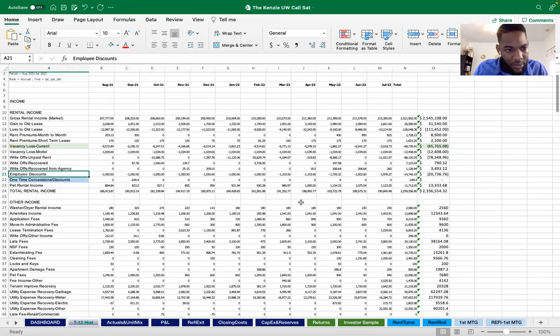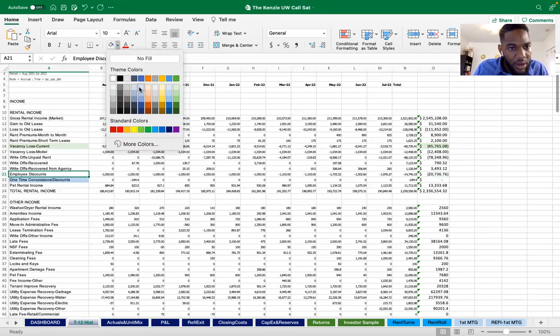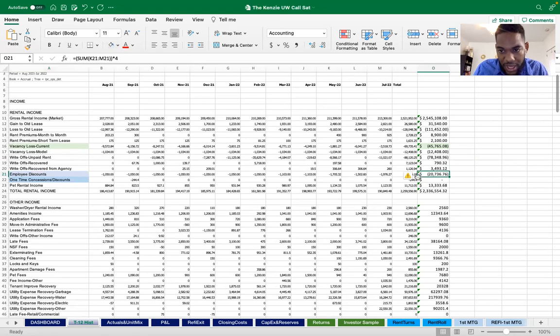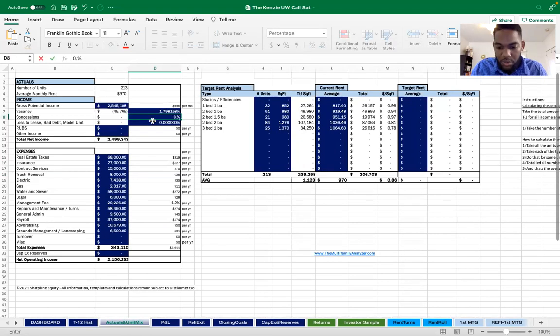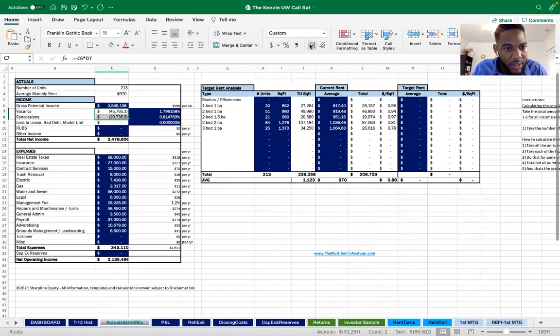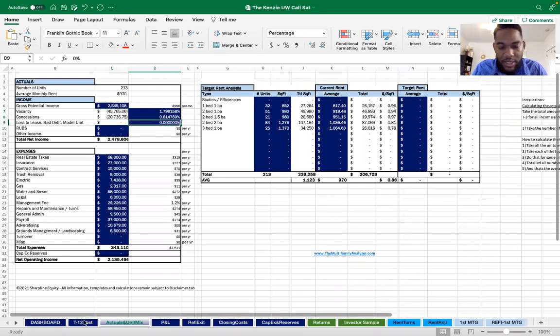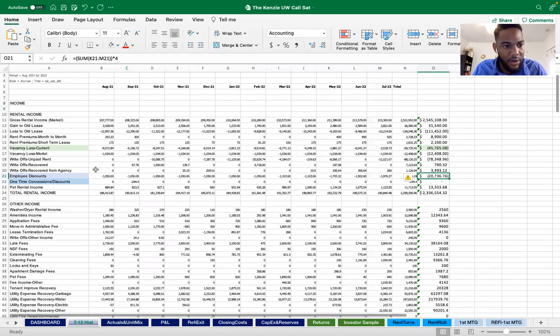Our concession would actually be item 21, which is 20,736. In my model, that's 0.814769, 2737, 36. Pull this out. 73675. There we go.